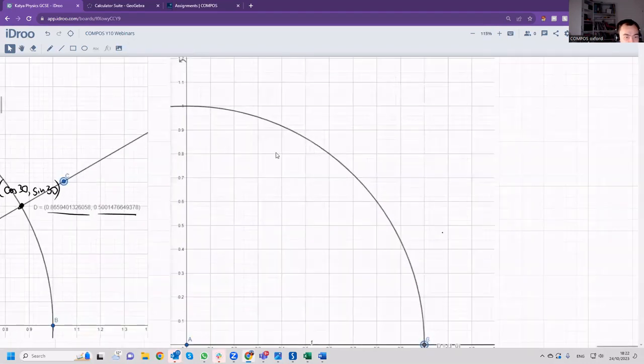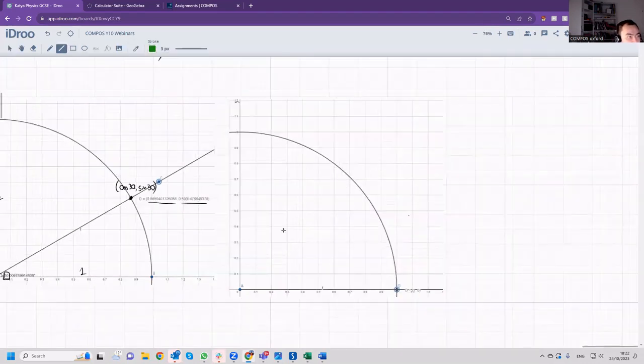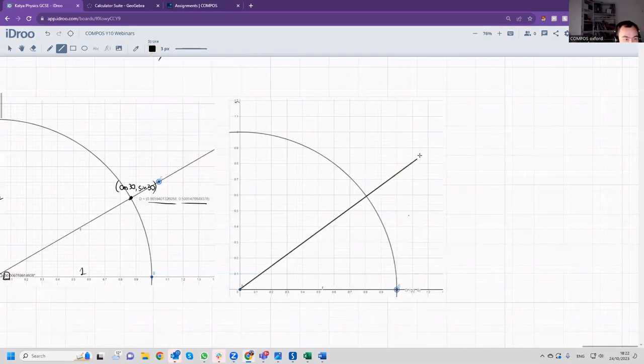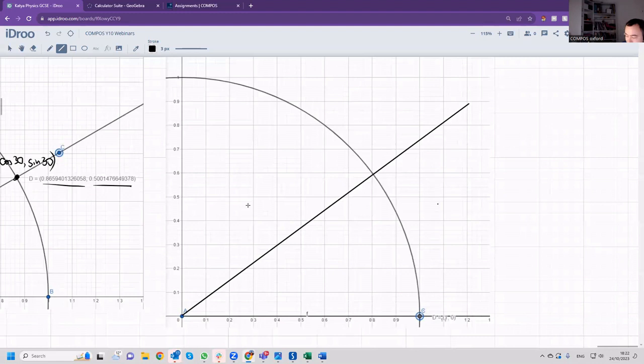If you get a circle and you draw a line, you draw an angle, and let's say this is 22 degrees. The coordinate of this point is going to be cosine of 22 degrees and sine of 22 degrees.